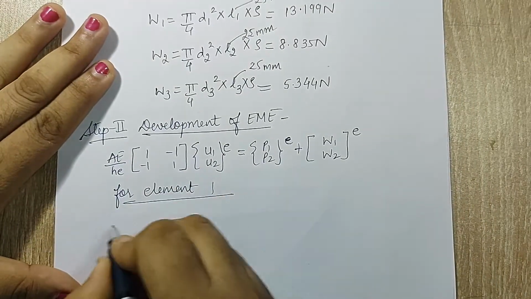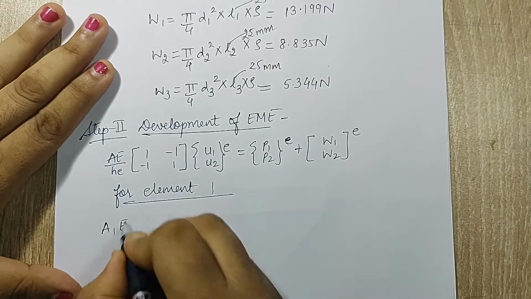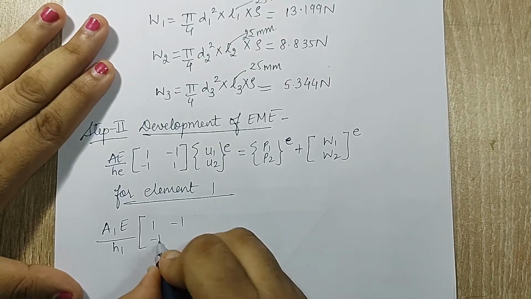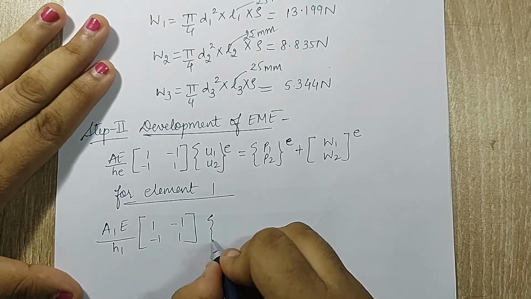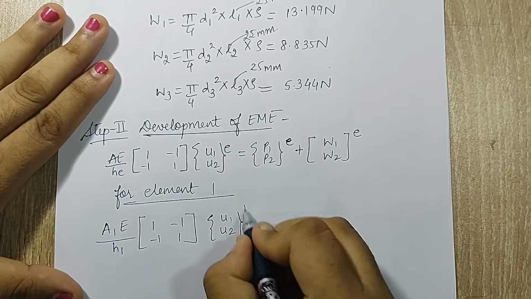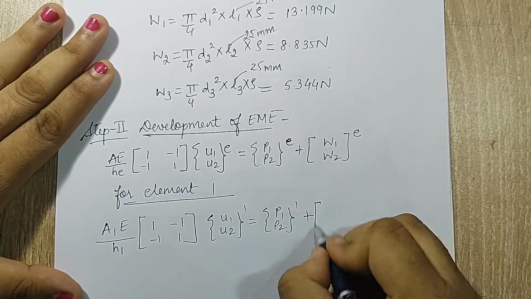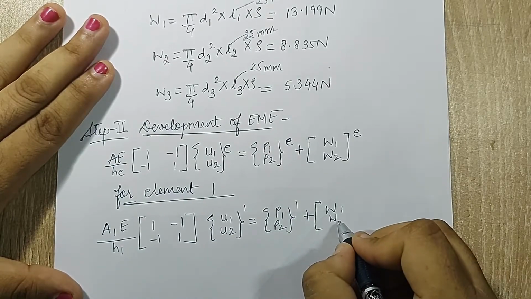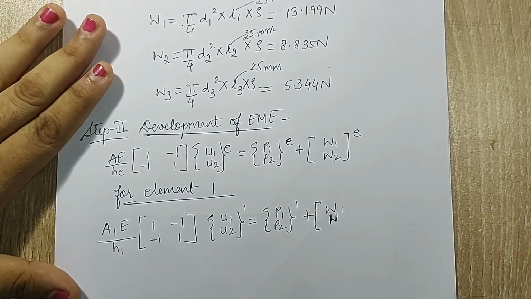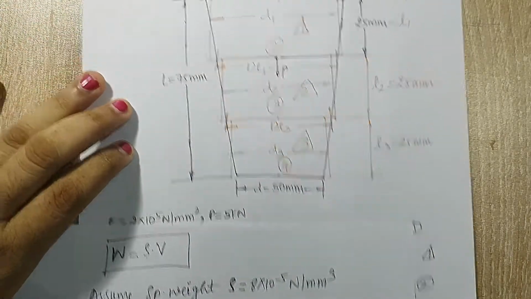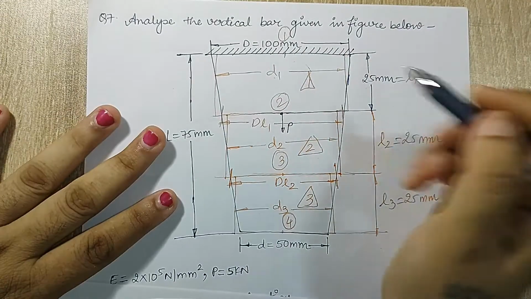Now I will solve for element 1 first. For element 1, this will be A1 E upon H1, [1 -1; -1 1], U1 U2 raised to 1 is equal to P1 P2 raised to 1 plus W1 W2. Okay, now here I will not write W1 W2. Now listen carefully how this weight is adjusted. The weight of this element is W1.